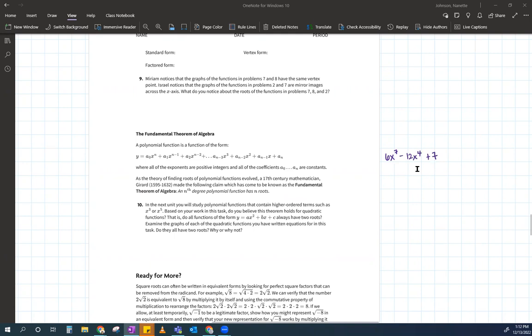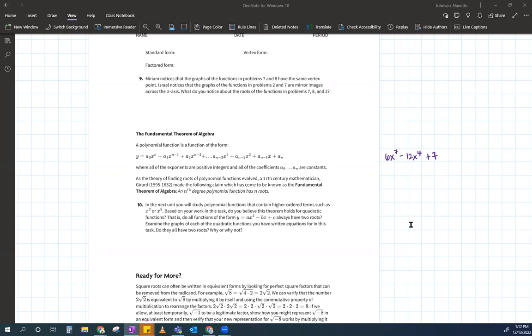You're like, Ms. Johnson, it's x to the 7th. Are you crazy? Not really. Okay. How many roots should I look for? No, not 3. Good guess though. I like it. Try again, guys.